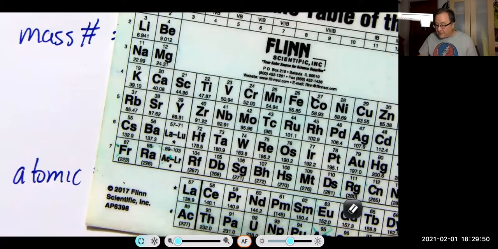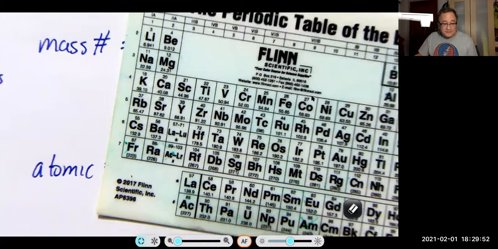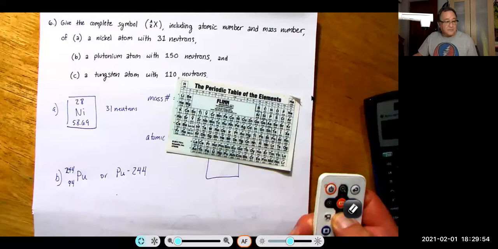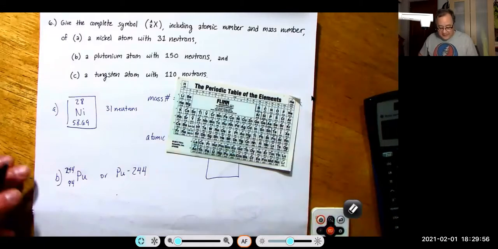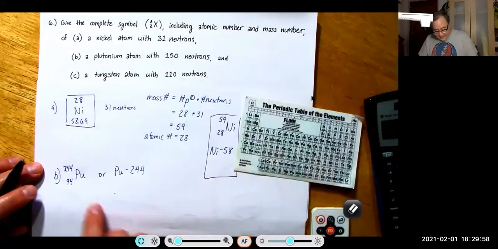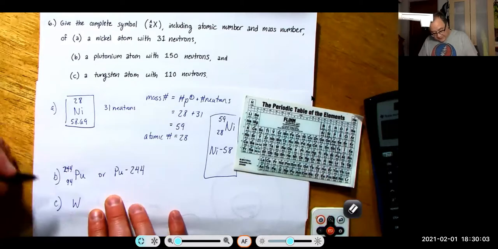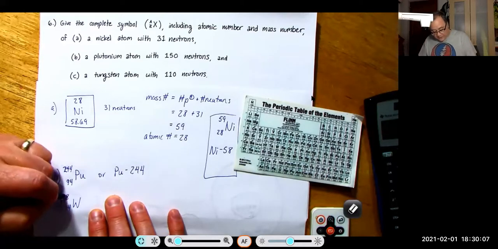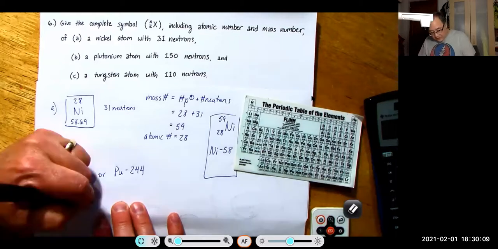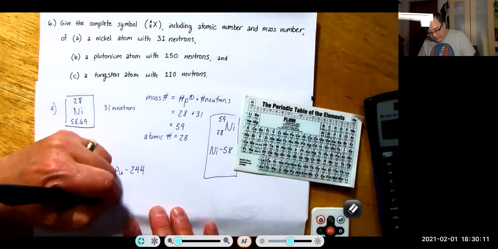And you can't see that because I'm still zoomed in. So there's the answer to B. And the answer to C is going to look like W, 74 at the bottom, 184 at the top, or W 184.